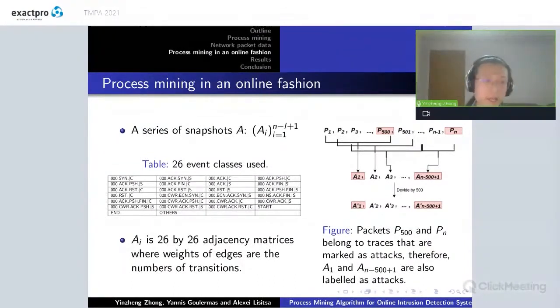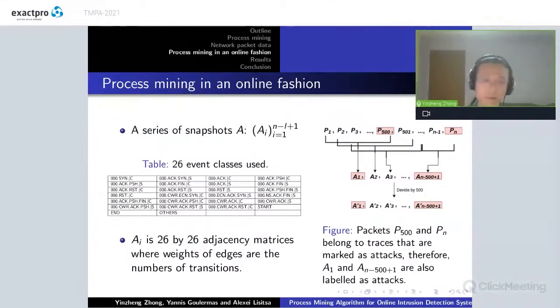In these A's, we have 26 event classes used. During our experiment, we observed around 23 possible headers in the network data, plus 3 other tokens: start, end, and others. The others is basically the default event class.